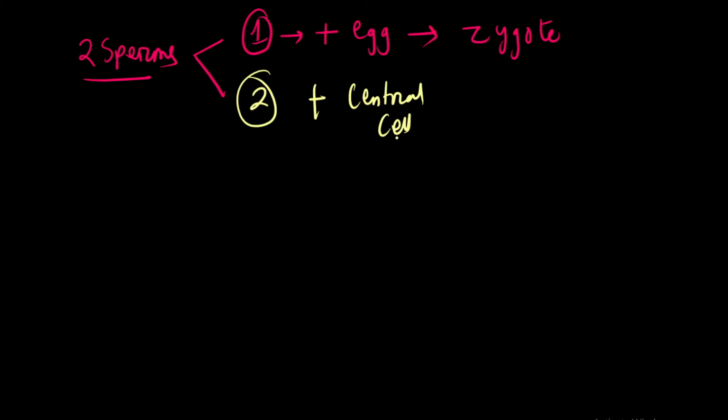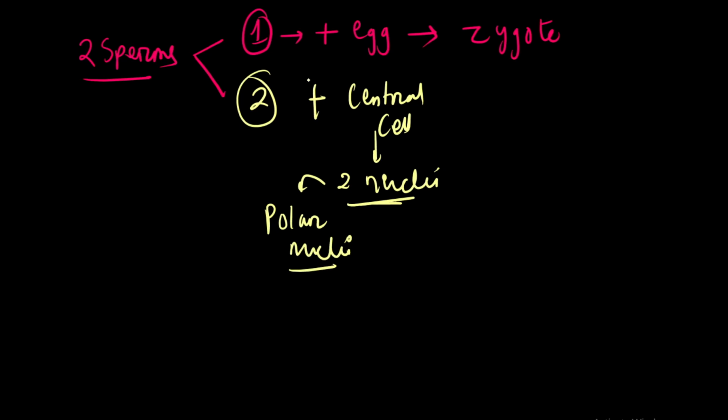The main point to be noted here is that the central cell has two nuclei, and these are called polar nuclei. This second male gamete fuses with these two polar nuclei.